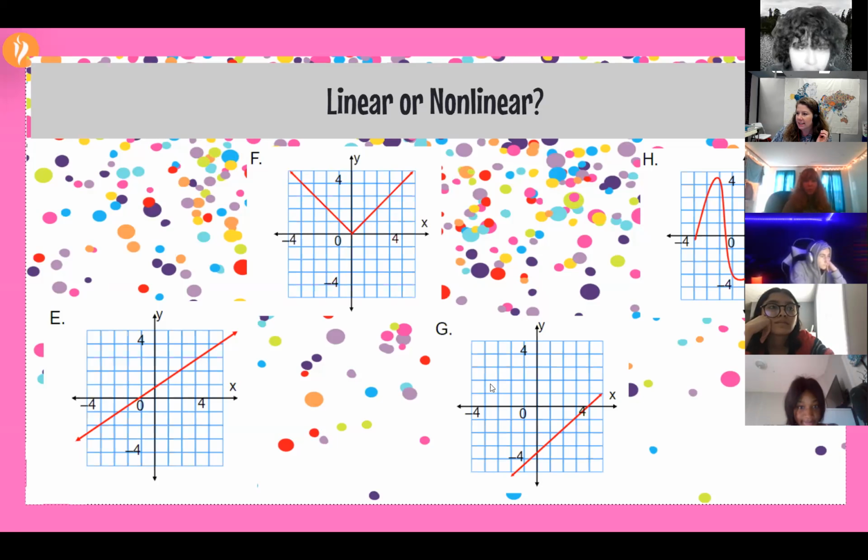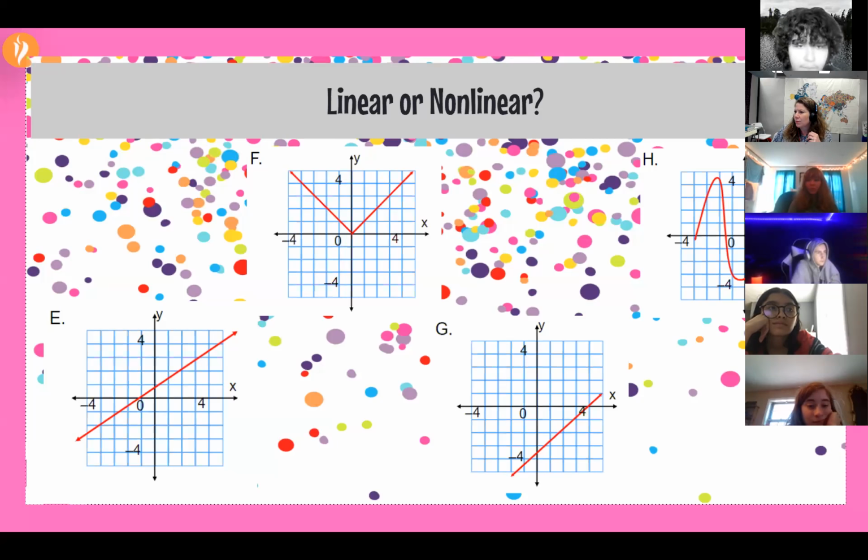All right, letter G, Alex. What is this, Alex? Linear or non-linear, Alex? What do you think? He's thinking. Oh, he said linear. Very good. Yay. And one more. Kumar, letter H. Kumar, is this linear or non-linear?